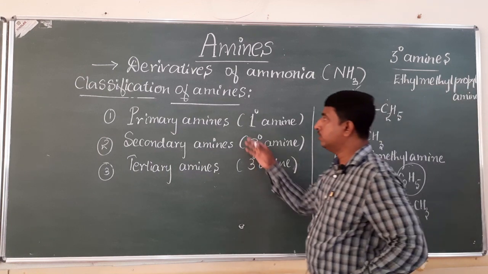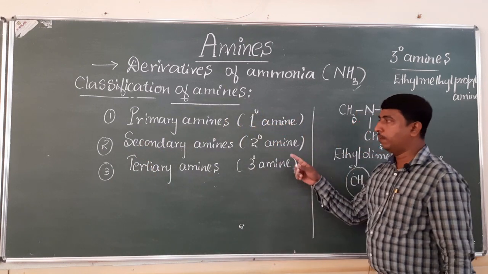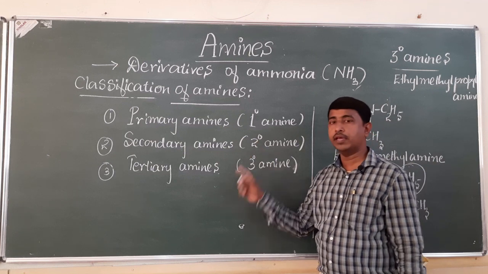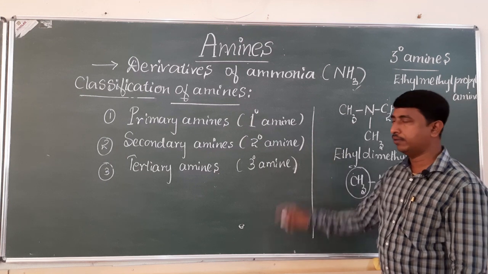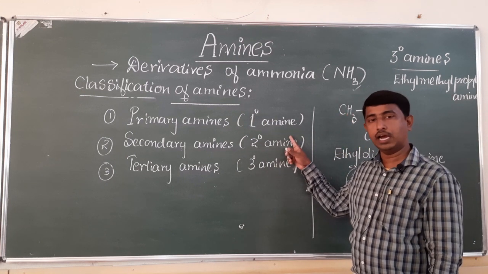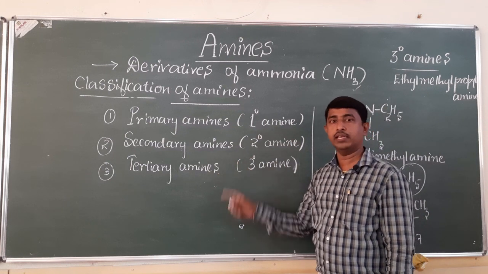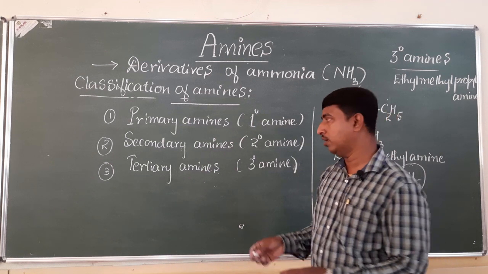Hope it is clear. See, totally there are 3 different types of amines: primary amines, secondary amines and tertiary amines. Primary amines are those obtained by replacing only one hydrogen atom by an alkyl group. Secondary amine is obtained by replacing 2 hydrogen atoms of ammonia.